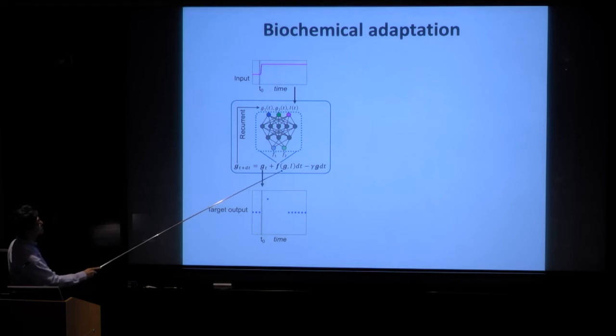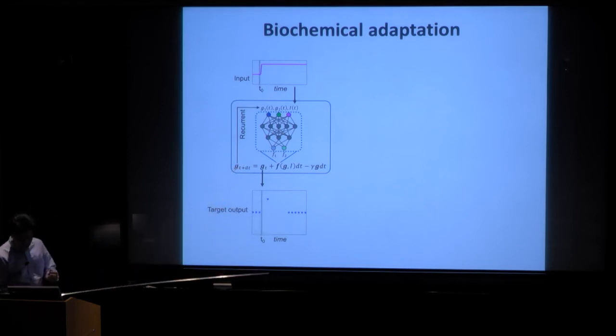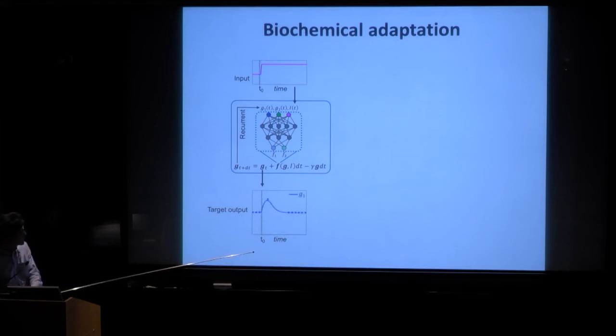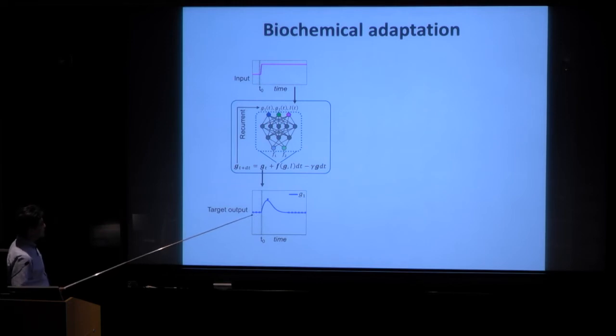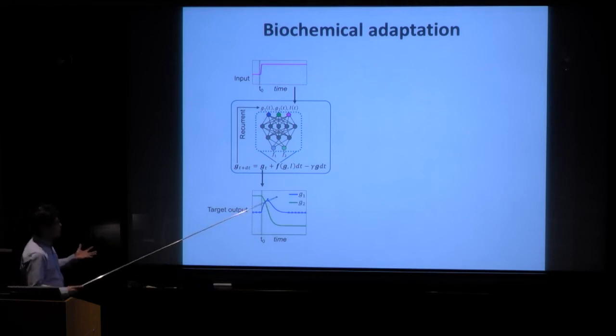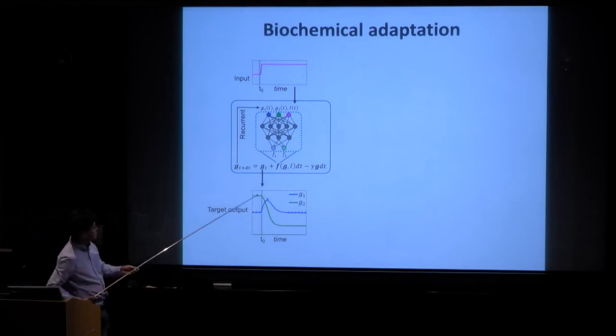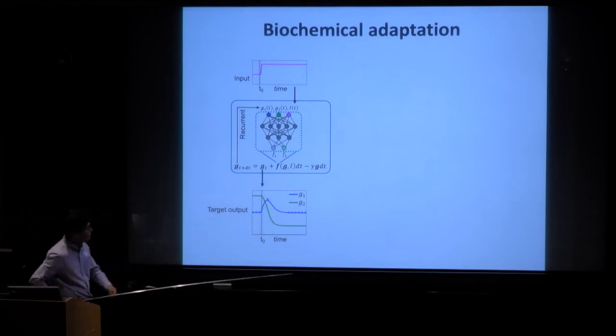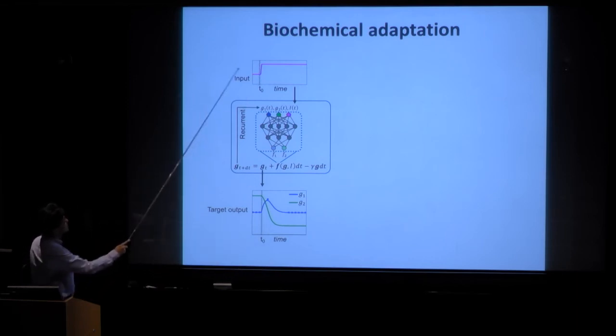And I iterate this, ask them to produce a target pattern for one gene, for example, gene 1, like this. It turns out it's very easy to train. Very fast converges, can produce this gene expression at gene 1, very close to the target pattern. And gene 2, I don't have any constraint. And somehow they just have this expression pattern as I change the input, okay?